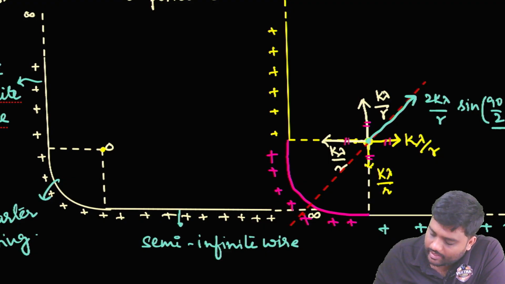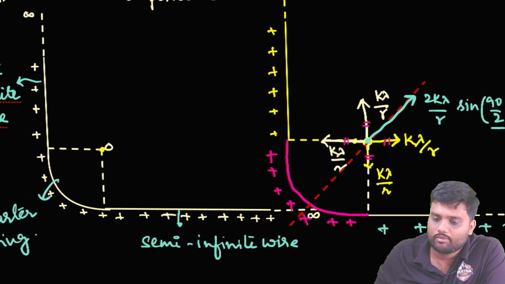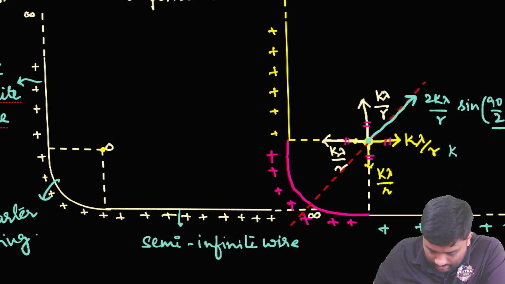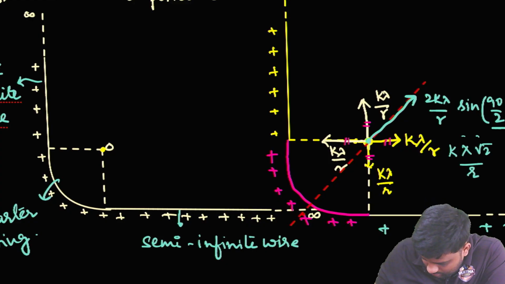Sine 45 is equal to 1 by root 2, so you are going to get k lambda root 2 by r. This is your electric field at point O.